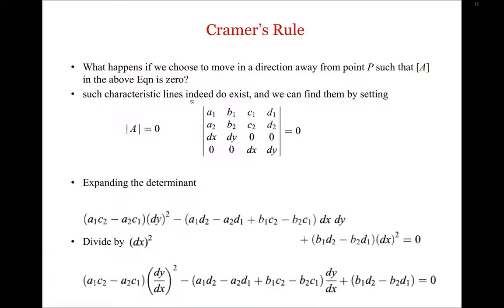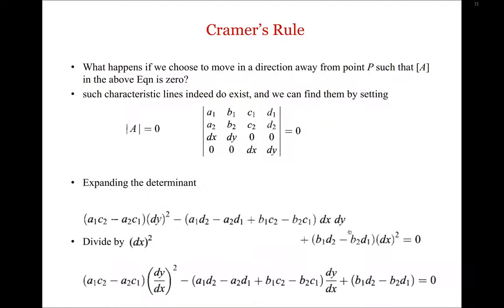Such characteristic lines indeed do exist and we can find them by setting the determinant equal to 0. So in this case, put the derivative equal to 0. So this full matrix with a1, a2, dx equals 0. Now expand this whole determinant.